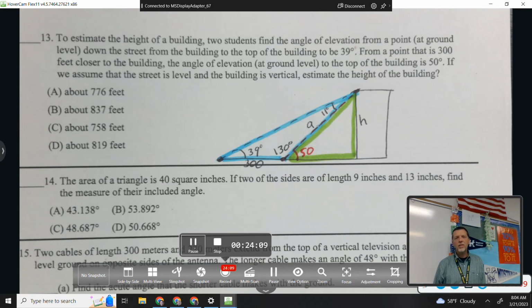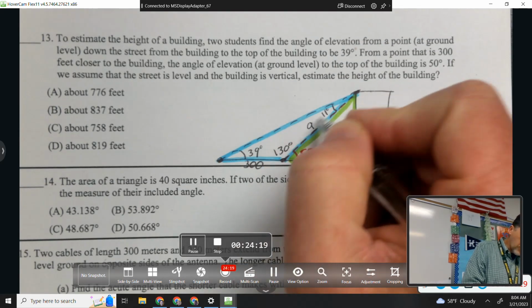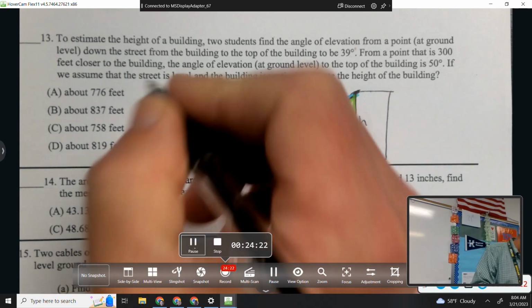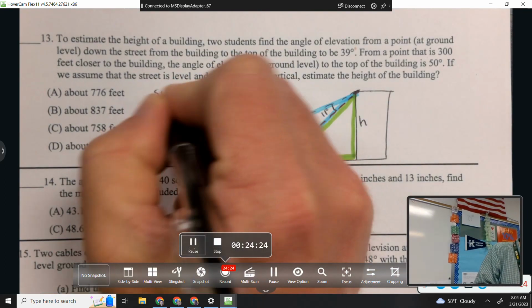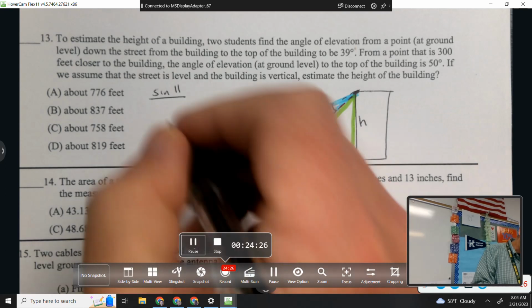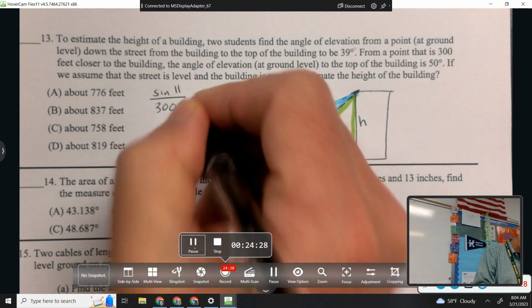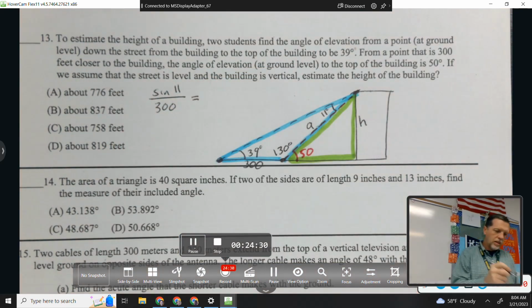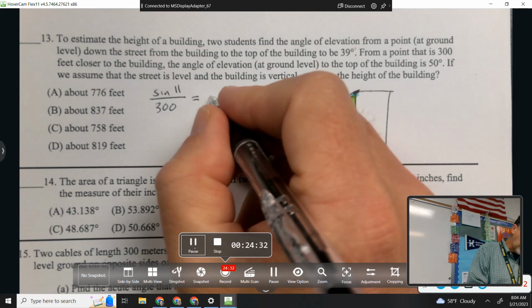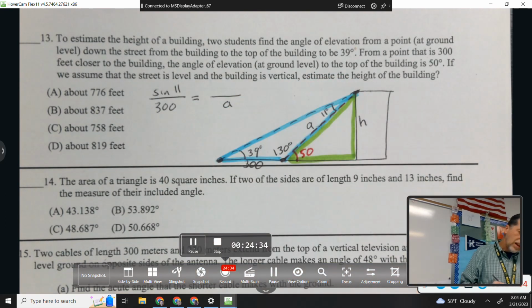What's the angle side pair that I know? 11 and 300. Yeah, it's almost tricky when it's an obtuse triangle because maybe it's a little harder to see what's across from what. So sine of 11 over 300 equals, I'd really like to find side A. And what angle's across from side A? 39.